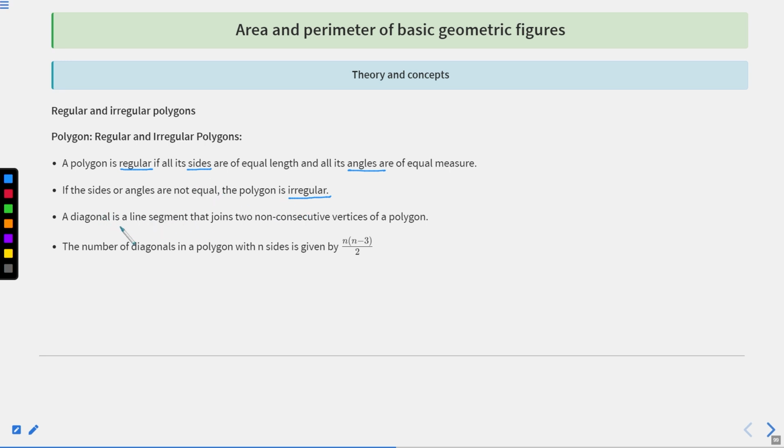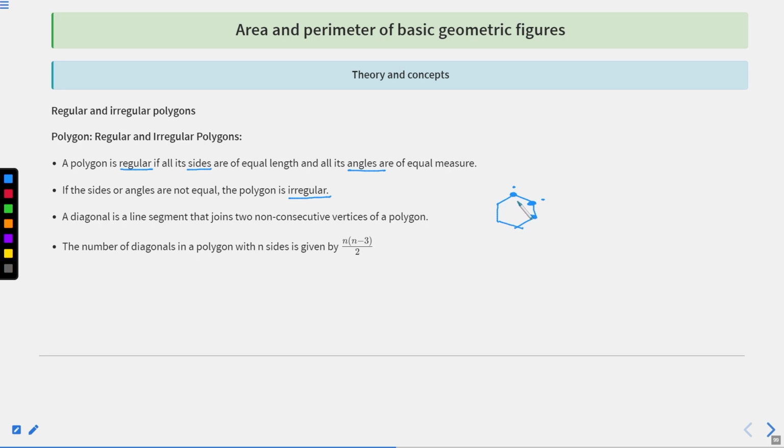A diagonal is a line segment that joins two non-consecutive vertices of a polygon. Suppose I take this polygon, and this is one vertex, this is another, and this is the third one. This one and this one are consecutive vertices.